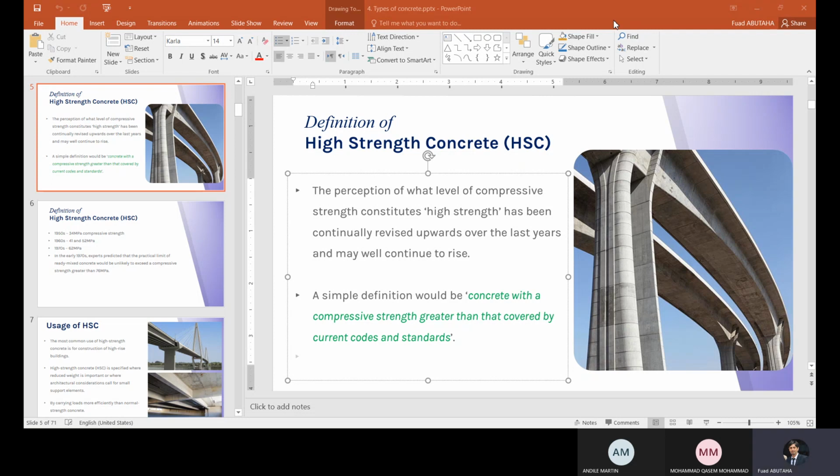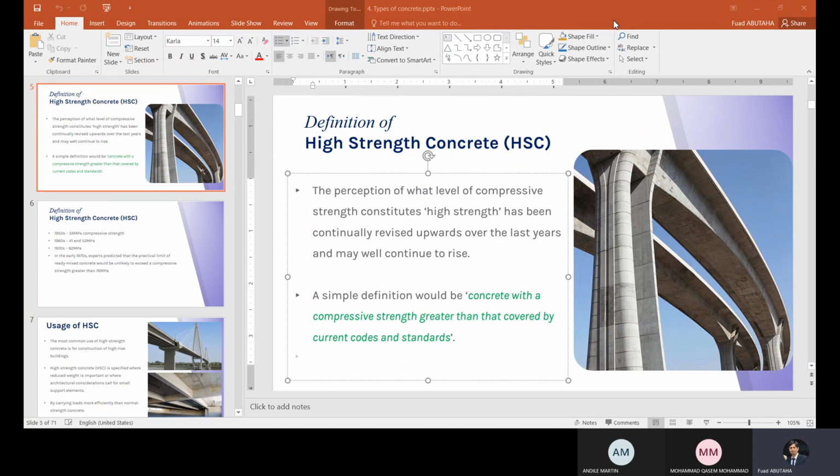How can it help you in the site after you graduate and you're working with a company? You know, the maximum size of aggregate looks quite strange to you, and not all people know about this. And you know, the super plasticizer is a chemical, and it's quite expensive.